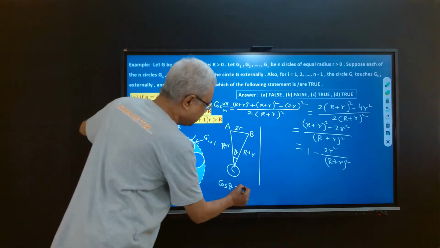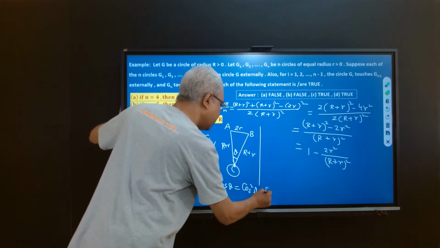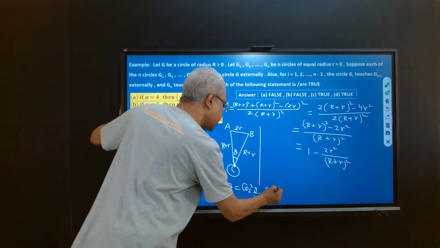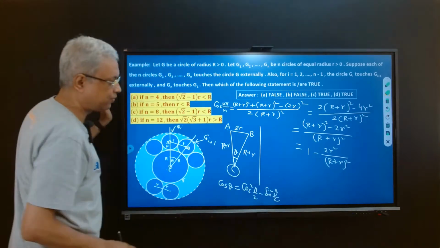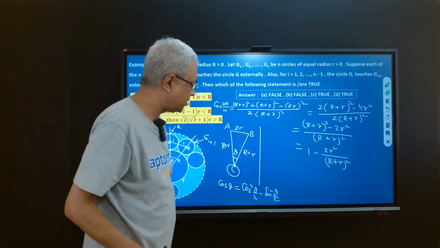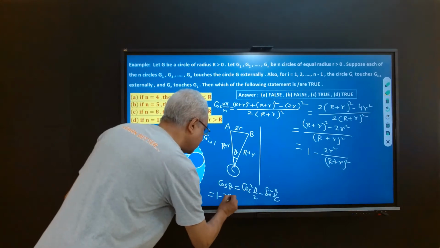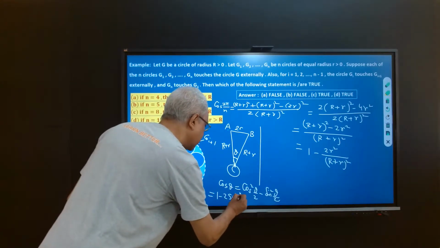This cos theta, I can write as cos square theta by 2 minus sin square theta by 2. It's a very simple formula, you know that. So cos square theta by 2, I can write as 1 minus sin square theta by 2. So I can again write it as 1 minus 2 sin square theta by 2.